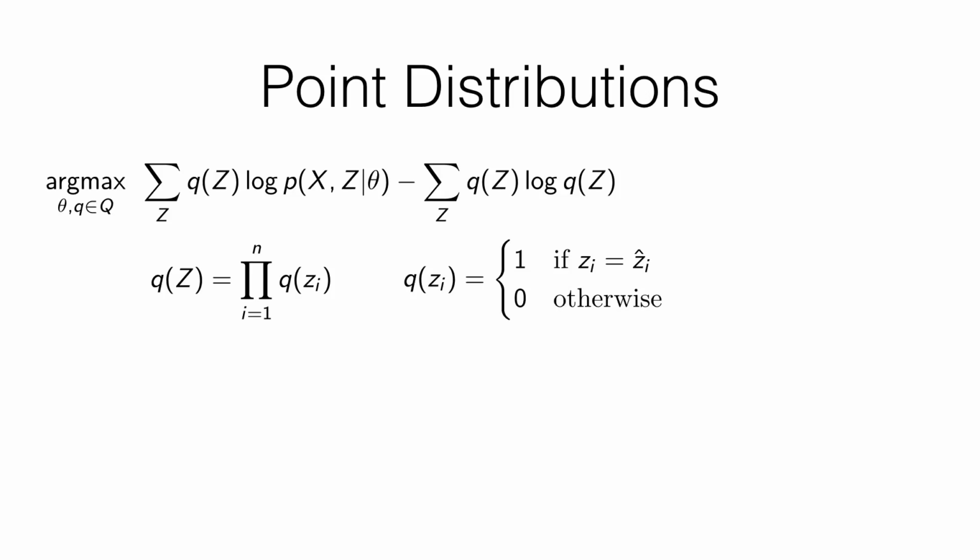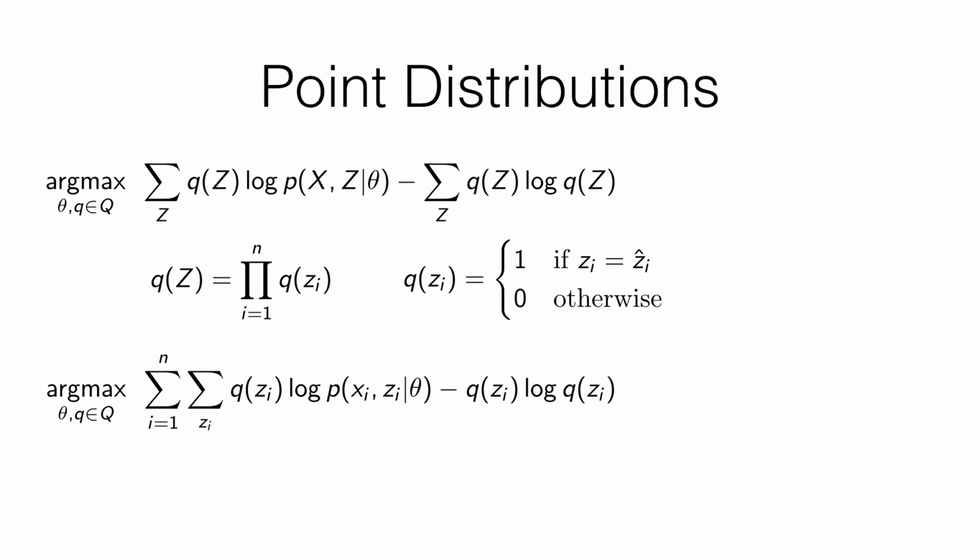These are point distributions, or delta distributions, or there are lots of other names for these, but they have 0 entropy, and they evaluate to either 0 or 1, so you don't have to sum over all the states, you just have to consider the state that has non-zero probability.